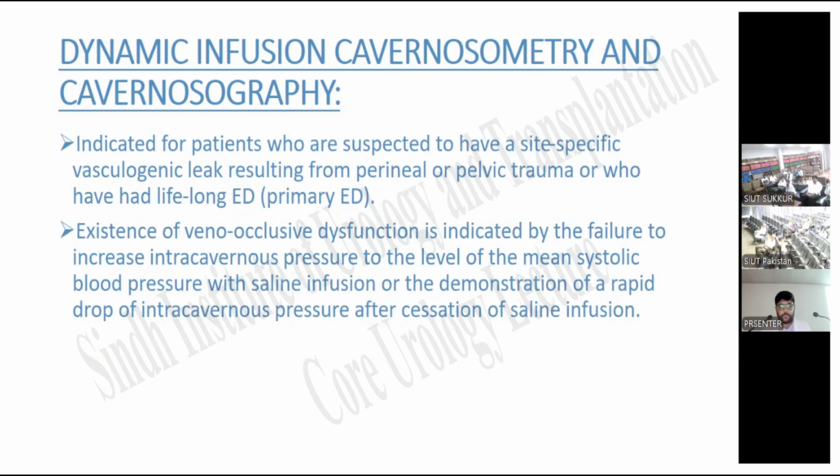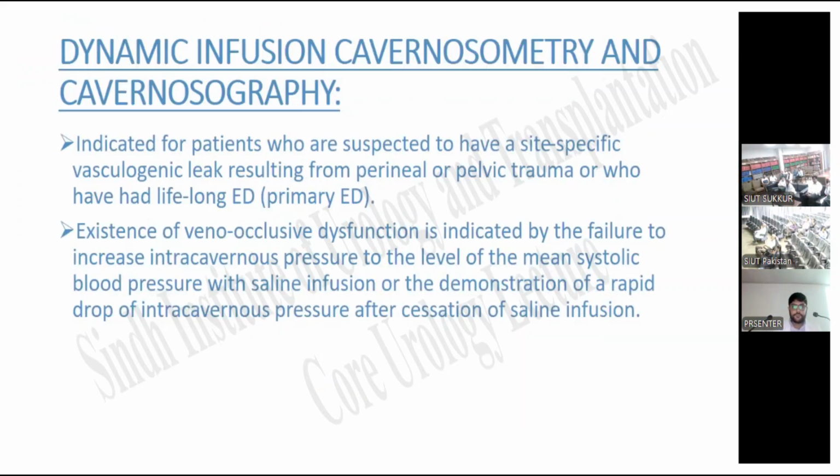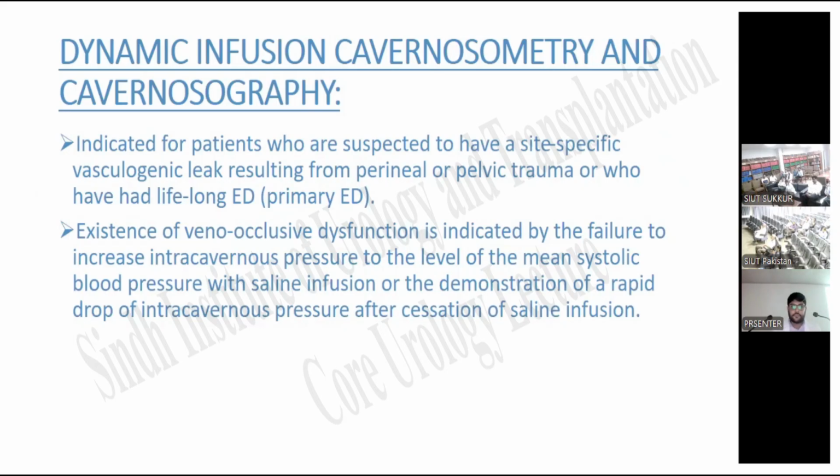So a bit more about cavernosometry, how you are going to conduct it. It's a bit invasive procedure in which you are going to insert 2 needles in the corpora cavernosa, one for injecting heparinized saline, the other for injecting the drug to induce the erection.